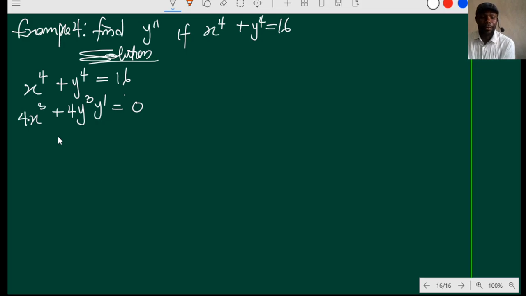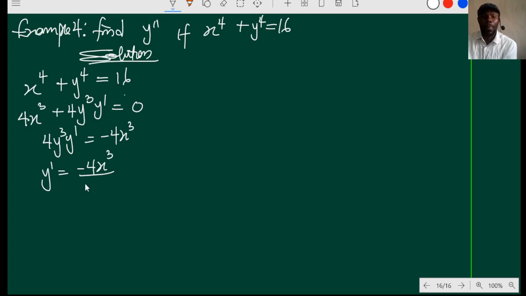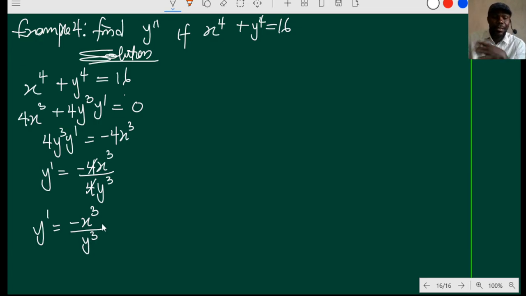So we have, in a normal analogy, y1 gives us minus 4x cubed. So therefore y prime will now give us minus 4x cubed over 4y cubed. So we cancel this. So y prime now gives us minus x cubed over y cubed. So this is just how it looks.